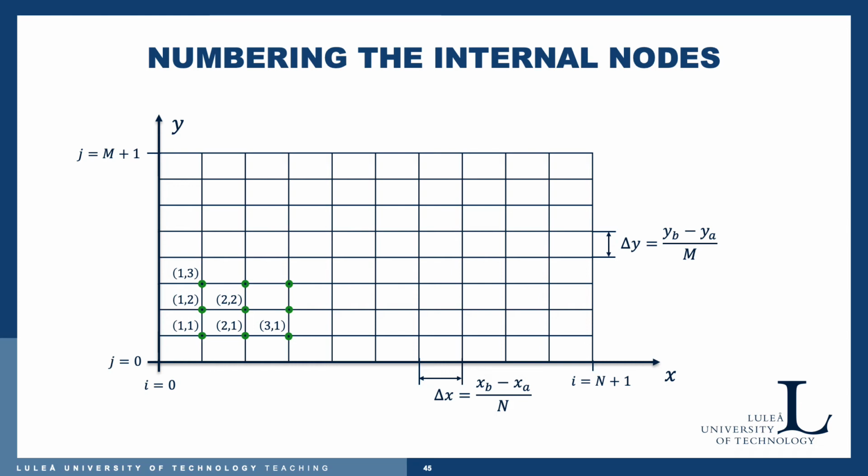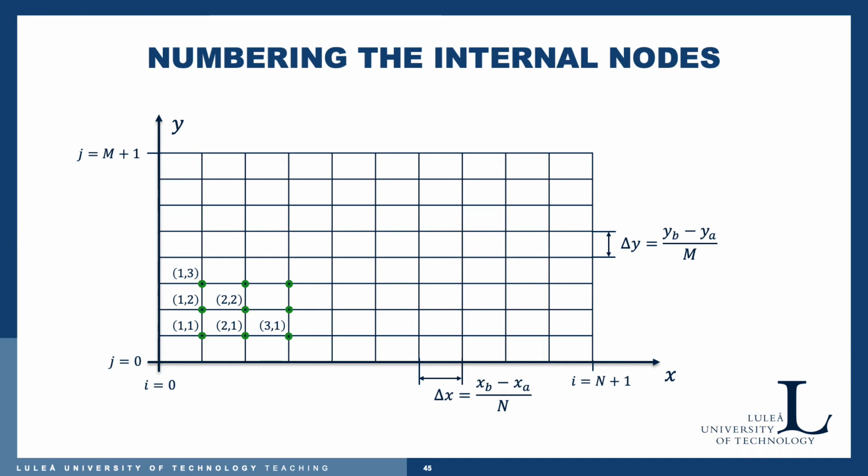So we go 1, 1 with i and j starting at 1, 1, and then we increase i to 2, keep j at 1, so we go 2, 1, and then we increase i again, 3, 1, and then we increase j, so on the second row in our discrete grid we have 1, 2, and then 2, 2.